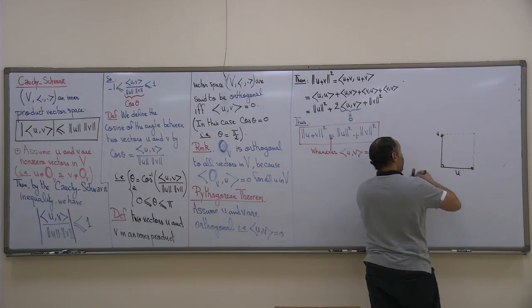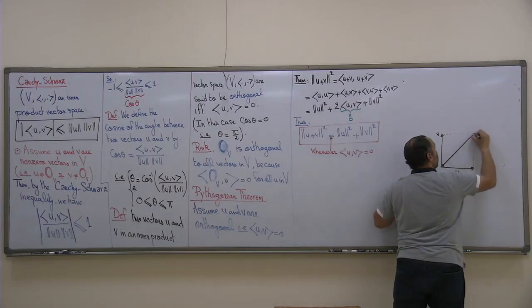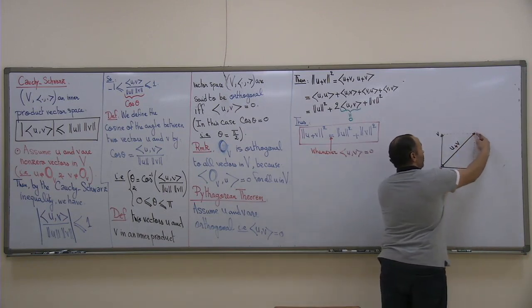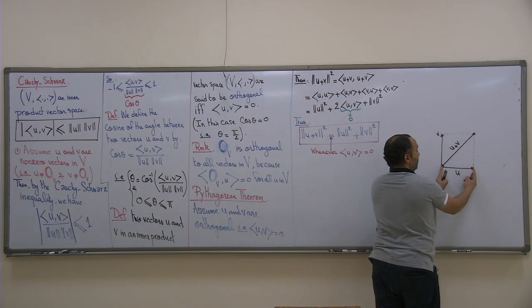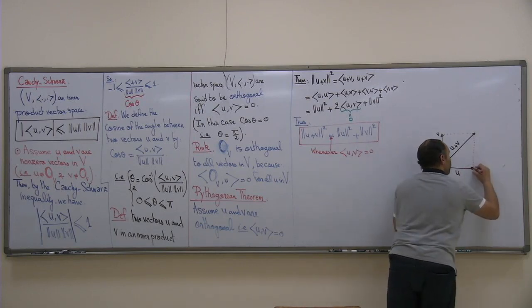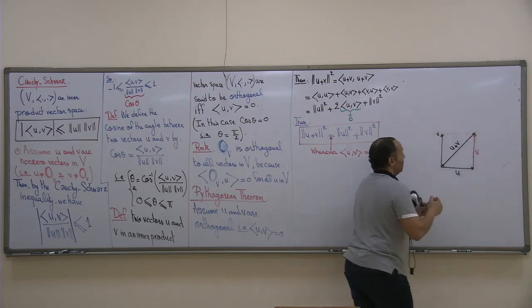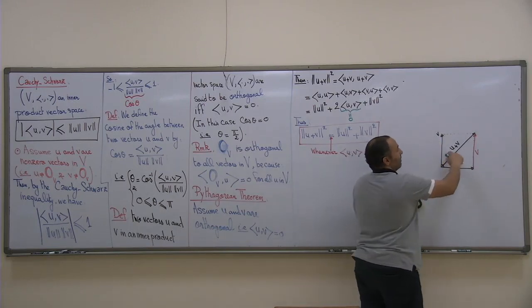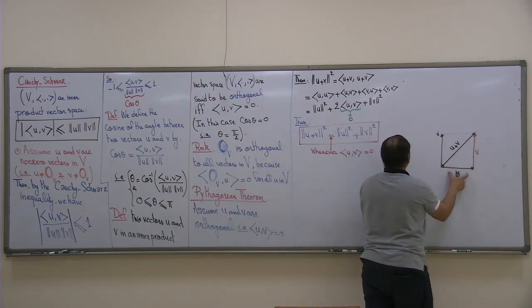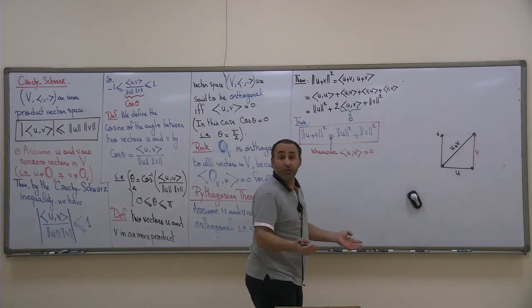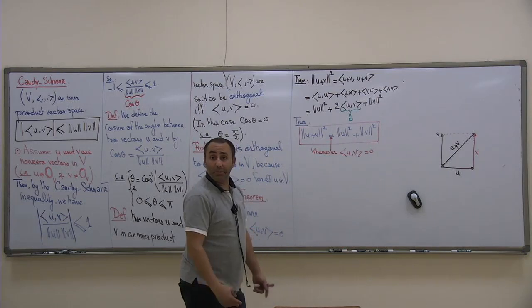Now I compute the norm of u plus v squared, which is equal to this squared, and this is v. So we have the norm of u plus v squared equal to u squared plus v squared. This is what you know from high school. This is the Pythagorean theorem in the right triangle.